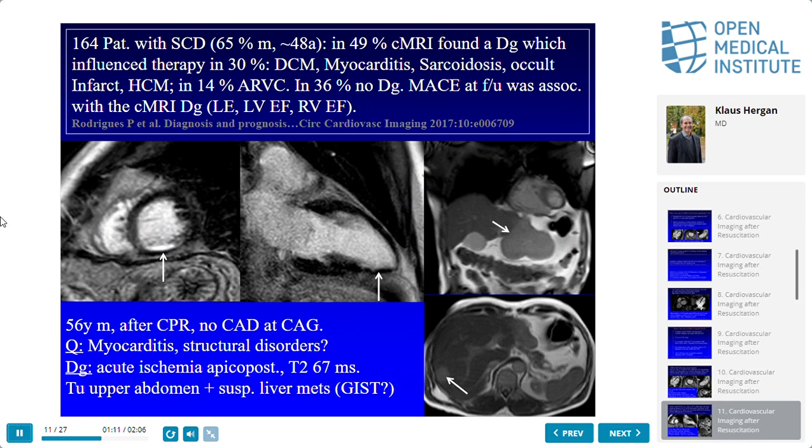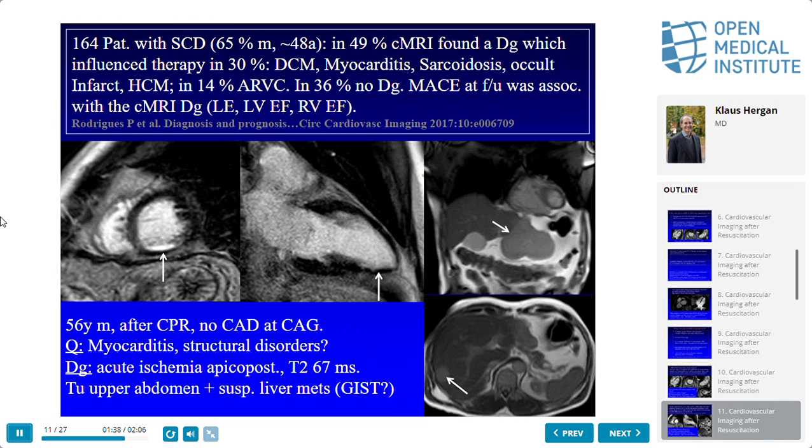In this patient down there, this is a 56-year-old male patient after resuscitation with no coronary artery disease at the angiography, and so the clinicians wanted to know if there's a myocarditis or structural disorders. In this case, we found another ischemic area in the posterior apex. It's here, and he had elevated T2.